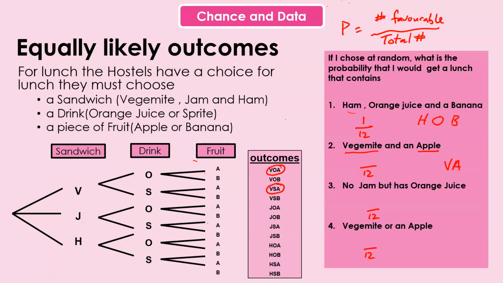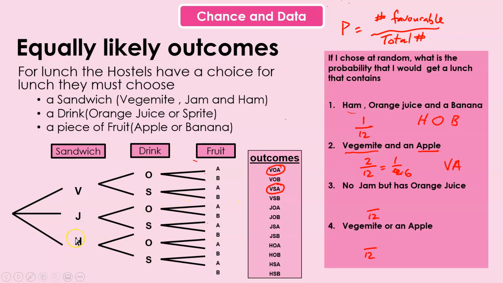There's no other outcome that contains Vegemite and an apple. So that means there are 2 favourable outcomes, so it's 2 out of 12, which we could, if we wanted to, simplify to 1 out of 6.